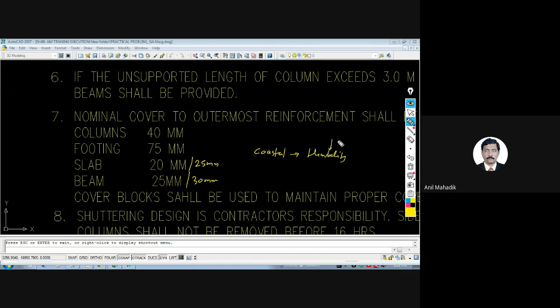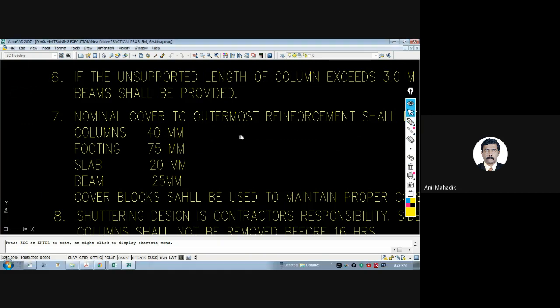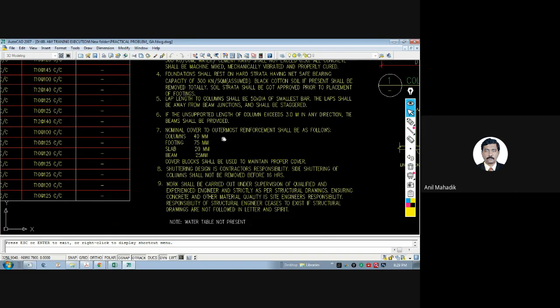Humidity means water in the air, and the water will react with the concrete and reinforcement and will corrode the steel or deteriorate the concrete. So we generally increase the cover, let's say by 5 mm. It's up to you how you put these notes.